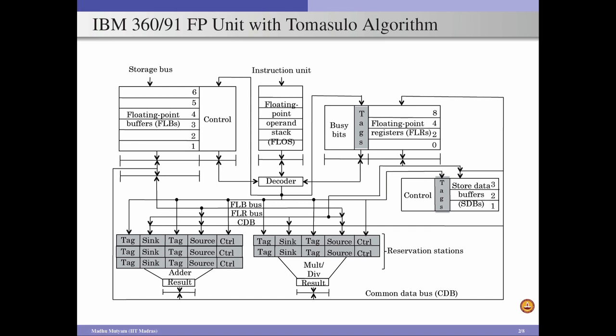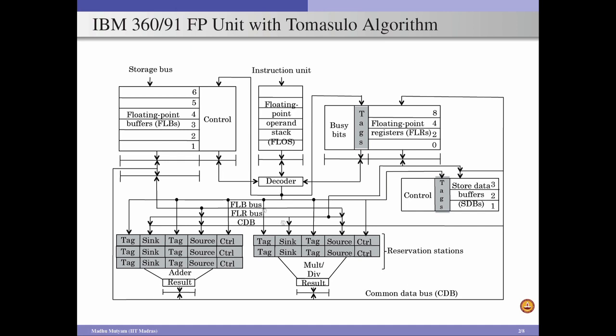So once we have this design, we can clearly see that we have a set of reservation stations which act as virtual functional units, and we have the tags associated with the FLR and SDB so that operand forwarding can happen, and we have a common data bus through which actual operand forwarding is taking place.